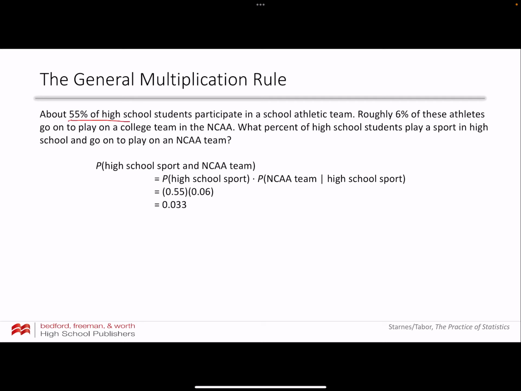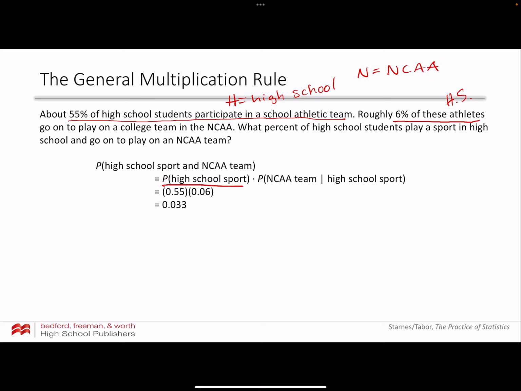That 55% is just the probability that someone plays a high school sport. And then it says 6% of these athletes, in other words, 6% of the high school athletes, right? Let's call H that they play in high school, and let's call N that they play in the NCAA.